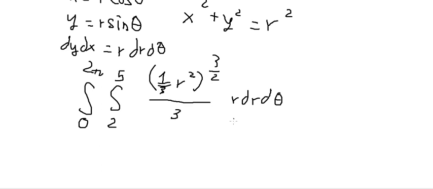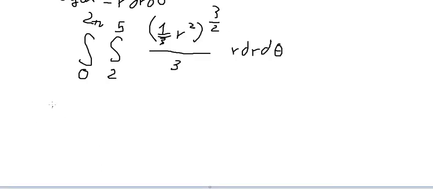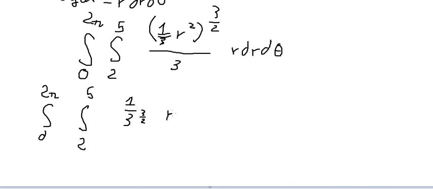Now we need to calculate this integration. So we have 1 over 3 to the power of 3 over 2, r squared to the power of 3 over 2, we have r to the power of 3 over 3, and we have r dr d theta.